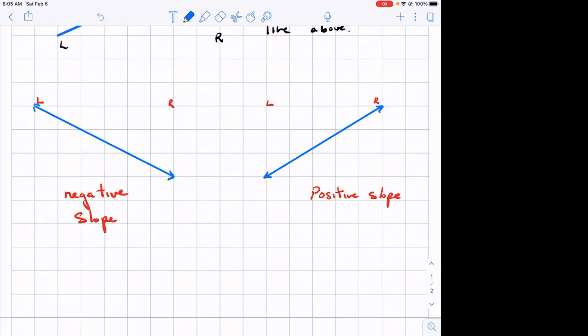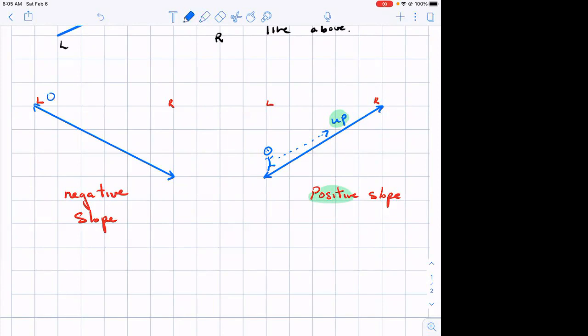Now, what do we mean that we travel from left to right? Well, let's assume I make believe you're here and you walk along that line, you will be going up. And because you're going up, the slope is positive. So it's very important that you travel from the left side of the line.